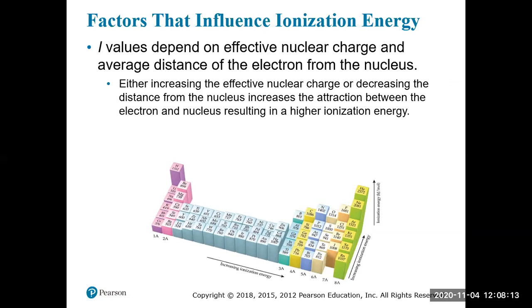If you have a greater attraction between the electron and the nucleus, then you need higher ionization energies. In other words, if that positive-negative attraction is increased, then it takes more energy to free that electron. So once again, you increase the effective nuclear charge, or you decrease the distance from the nucleus, and it increases the attraction between the electron and the nucleus, resulting in a higher ionization energy.